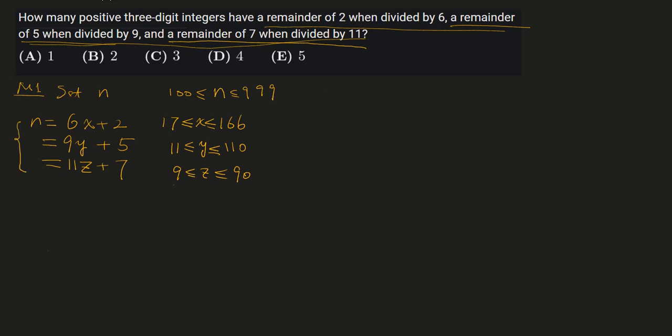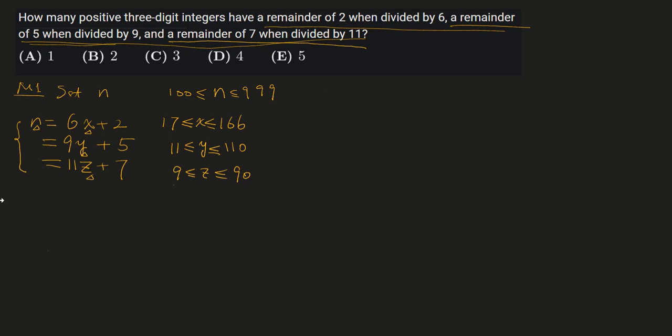We have 3 equations, but we've got 4 variables: n, x, y, and z. So there's no regular way to solve 4 variables out of 3 equations. Therefore, we've got to do some interesting analysis of these equations so as to list all the possible solutions.